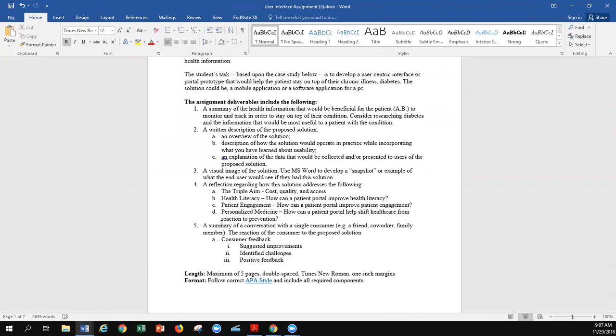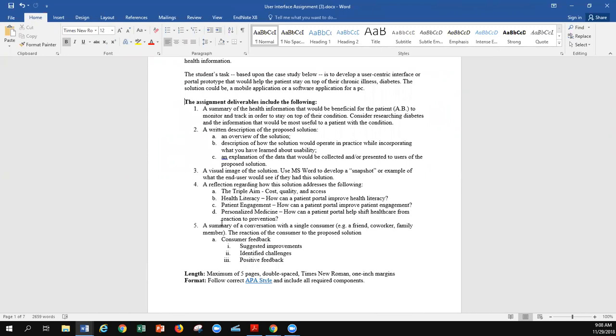This is a really interesting topic, and if you haven't explored health literacy before, I find it fascinating that we have a jargon in healthcare that is really hard for the average person to understand. So definitely do a little bit of research on health literacy and how this portal could help improve it.